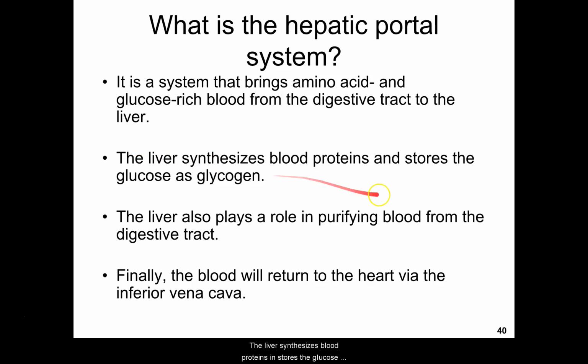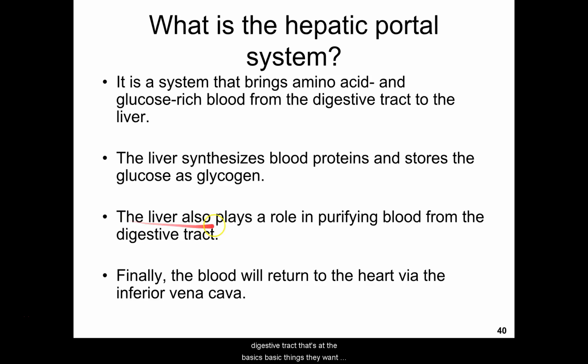The liver synthesizes blood proteins and stores the glucose as this chemical called glycogen, which is just kind of a more long-term storage molecule than the glucose. It keeps the glucose out of the bloodstream as well. Having too high of blood sugar is definitely not good for you. And the liver also purifies blood coming from the digestive tract.